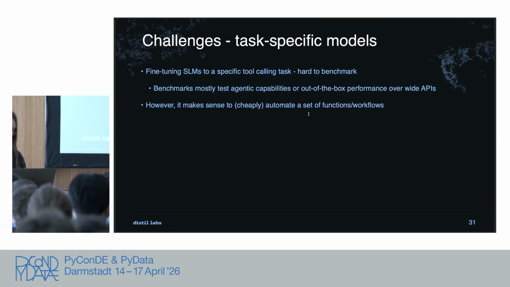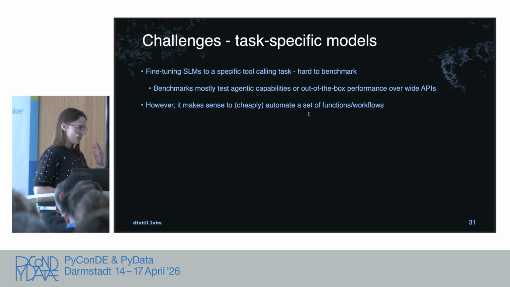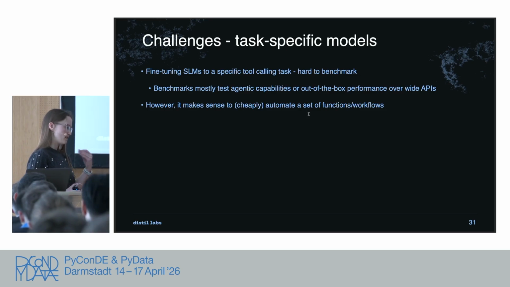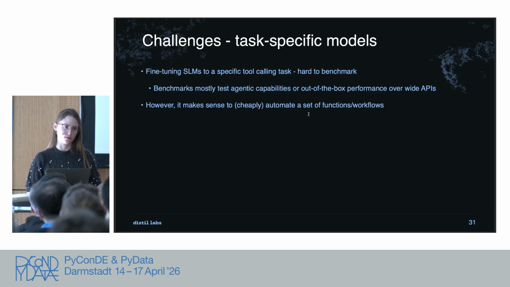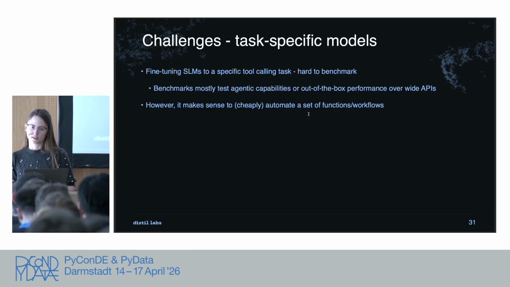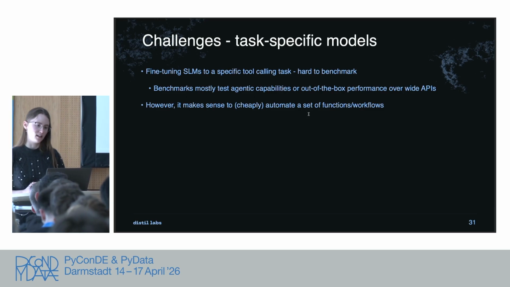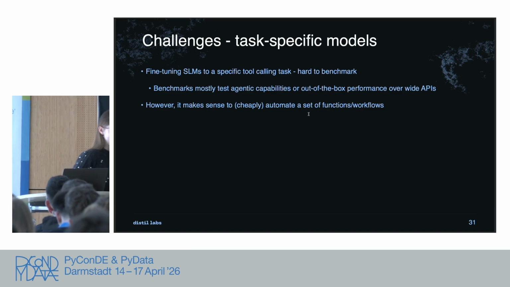And the very last part is that when I started working on that, I was a bit surprised because there weren't that many suitable benchmarks. I mean, there's the BFCL, there's also tau square that's useful, because most of the other ones, including some part of BFCL, test, for example, the performance over a lot of APIs.